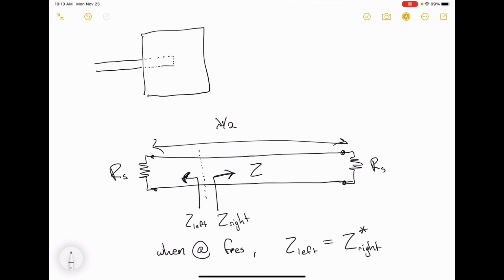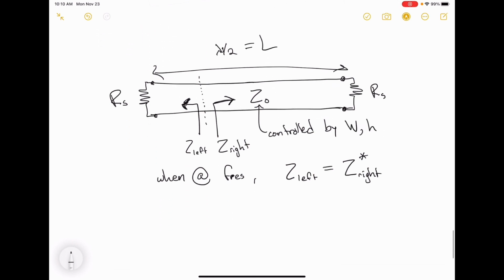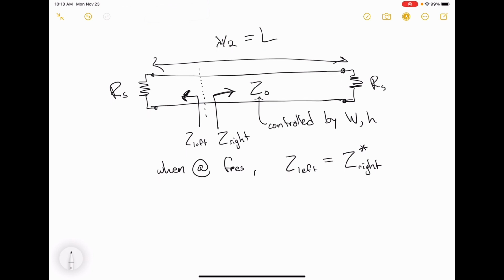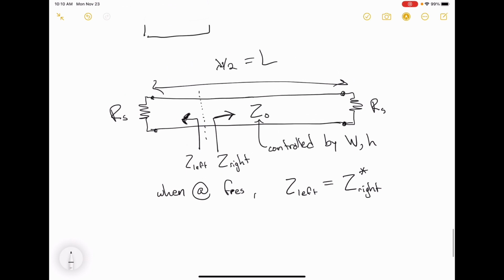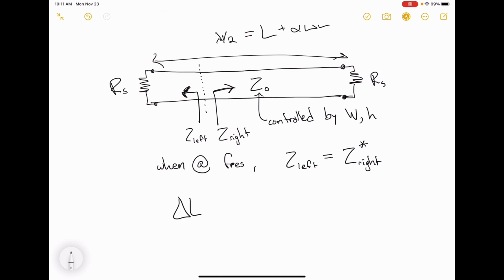The characteristic impedance of this line is controlled by the width and the height, and this is the length, like that. Now, I told you that there was going to be some stuff about fringing fields and how those modify the length. This length is not actually the physical length, it's that length plus 2 delta L, where delta L is a length correction due to fringing.